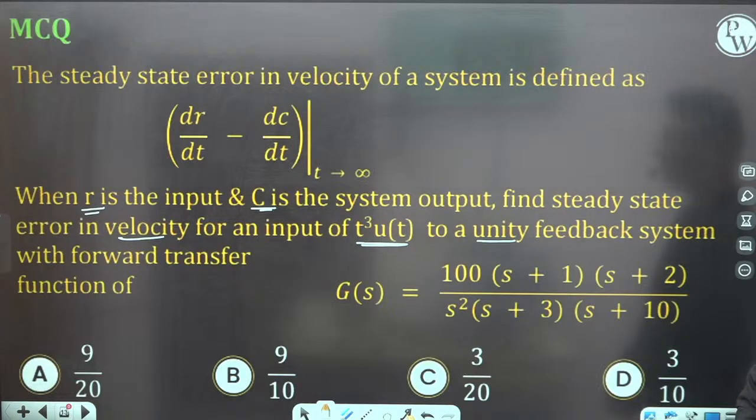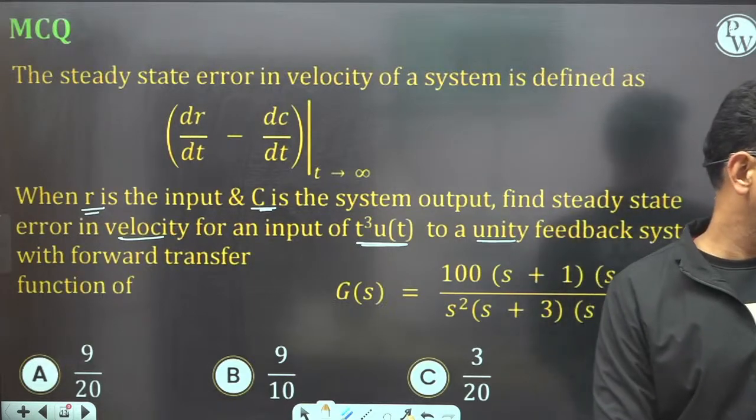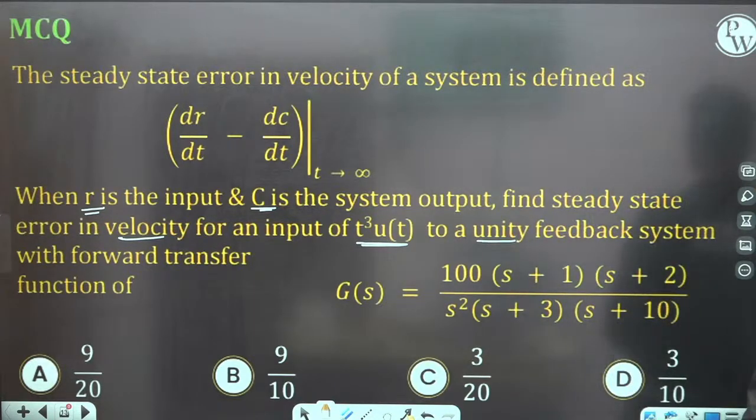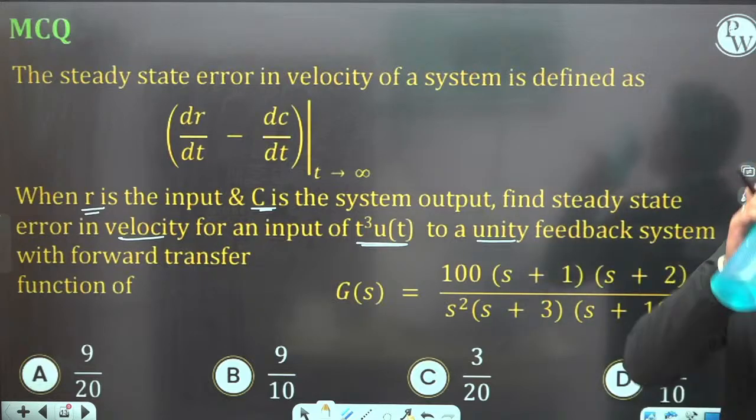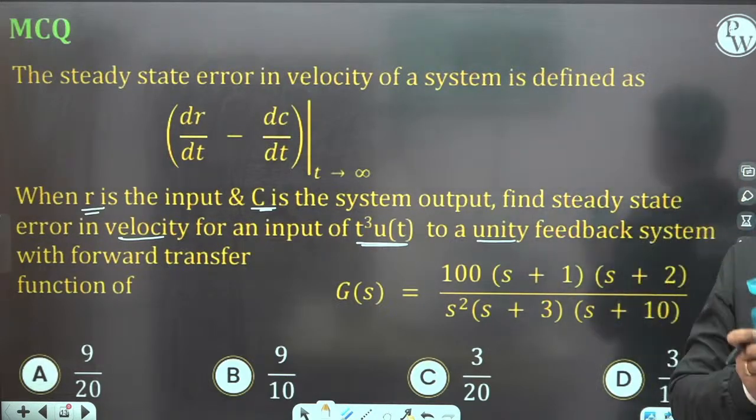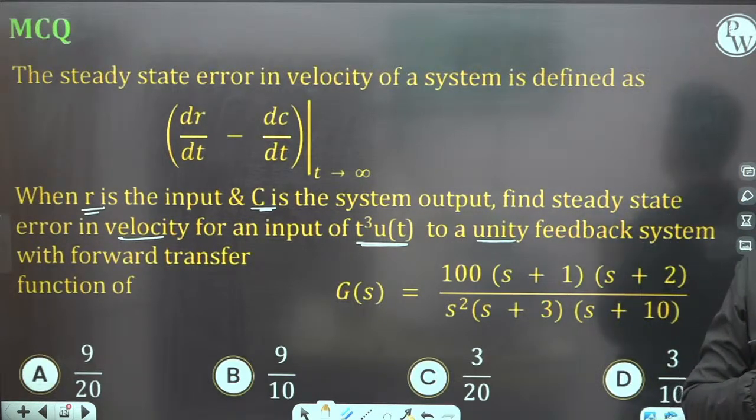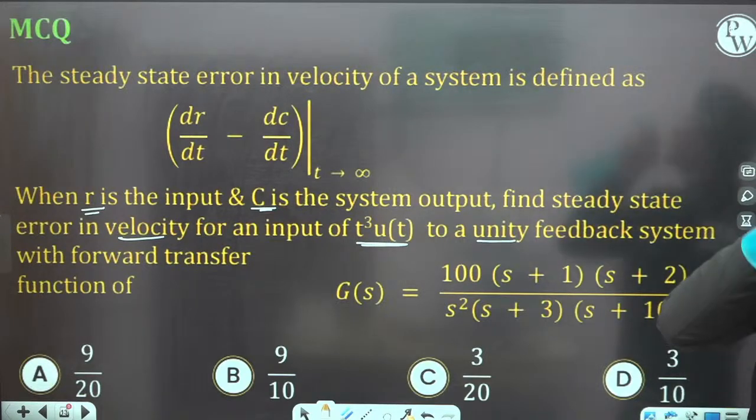It's a different type of question, but the approach will be the same. Do not apply any direct formula of steady state error here.